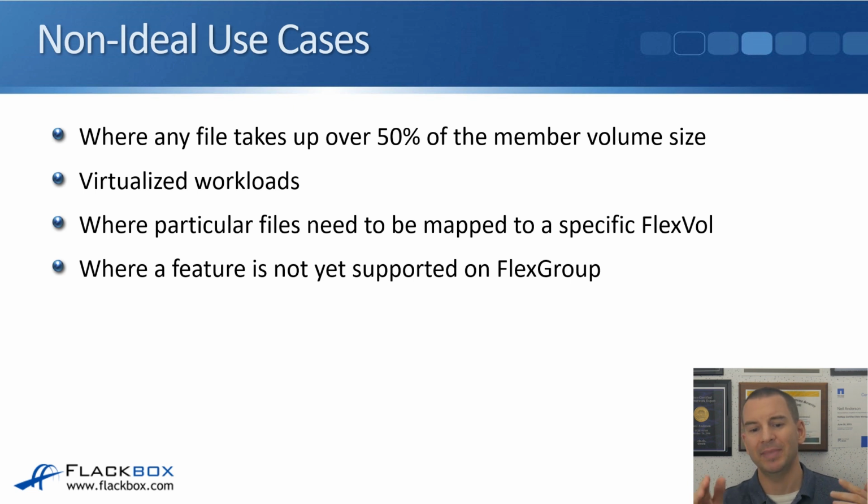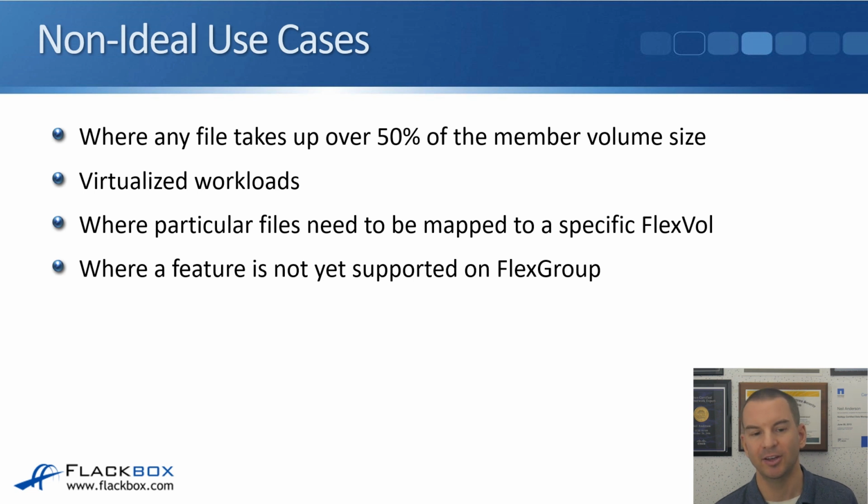Okay, but if you do have a situation where you've got particular files, particular workload, and you want that to be mapped to a particular volume or particular location in your cluster in the layout, then FlexVol would be a better choice for that rather than FlexGroups, because again, FlexGroups, it's going to be automatically distributed throughout all the members. You don't really have control of where that is going to go.